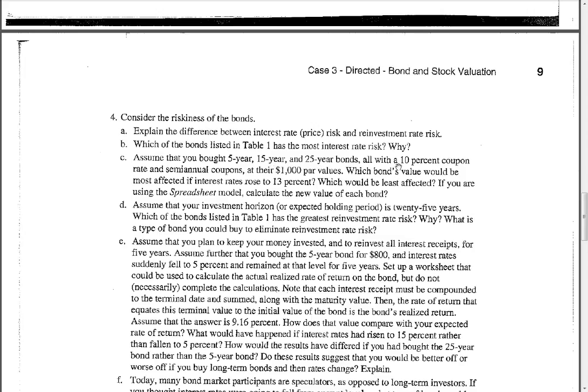These are separate bonds, the 10% coupon, selling at their par value. And it wants you to show what happens when interest rates go up from 10% to 13%. What happens to the price of the bonds? And that's what it says. If you're using the spreadsheet model, calculate the new value. We don't have a spreadsheet model, but just calculate the new value of each bond, the new price when rates go from 10 to 13%.